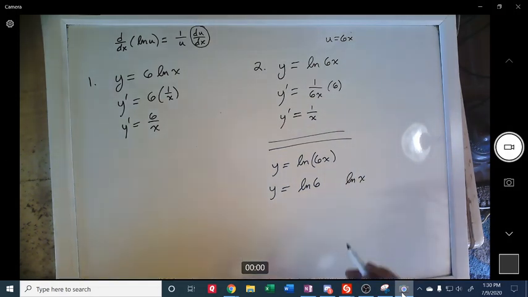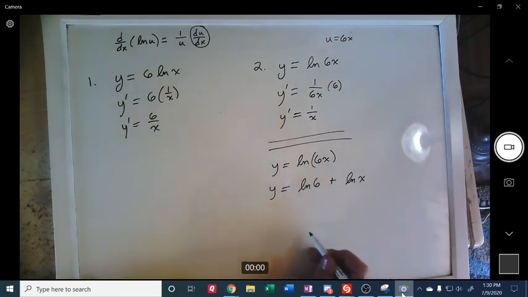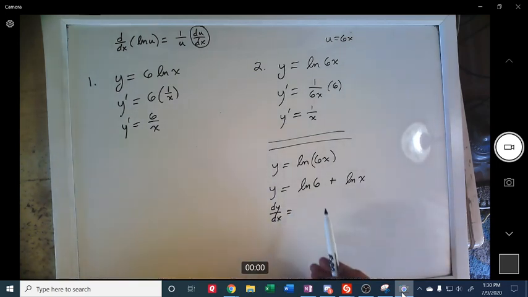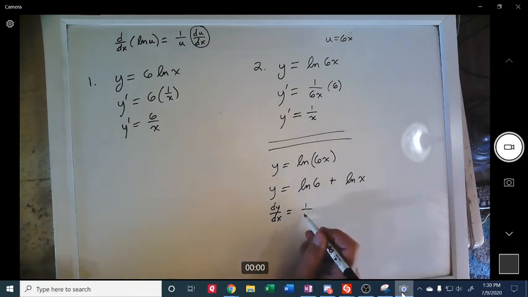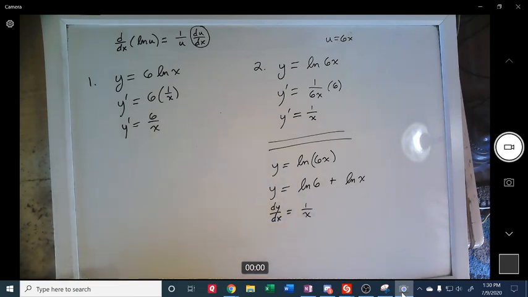Addition. So now when I take the derivative, what happens? What is the derivative of ln 6? It's just a constant, so it's 0. Plus, and then this is 1 over x. It starts to make a little more sense.